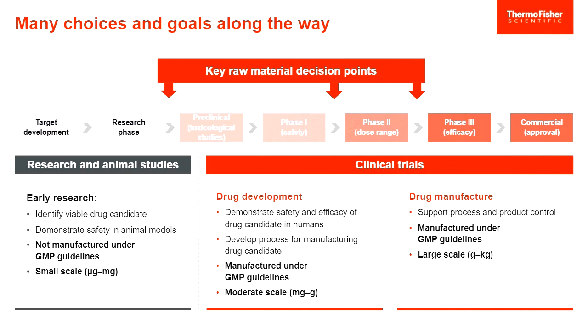At phase 1 and beyond, GMP-grade buffers become essential to support reproducibility, compliance, and safety. By phase 3 and commercial production, the need escalates to large-scale GMP-compliant buffers that support both process control and regulatory approval. This is where our pre-made GMP buffer offering aligns perfectly.